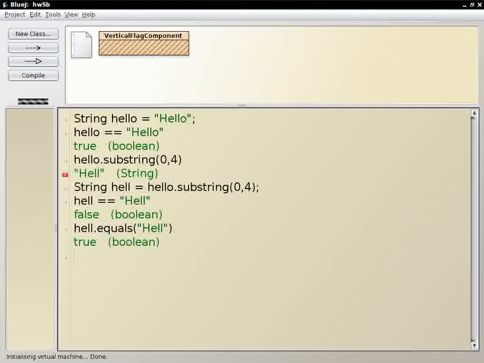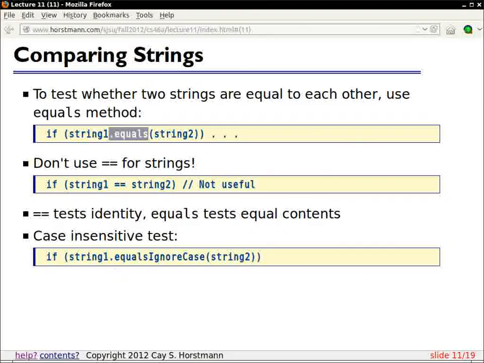Don't use it for floating point numbers. Don't use it for strings. For strings, you have to use the equals method. And it's a little sad that the equals method is more tedious to type. You could also test whether two strings are the same except for upper and lowercase, but that happens pretty rarely.